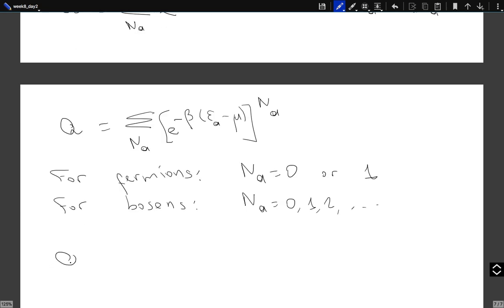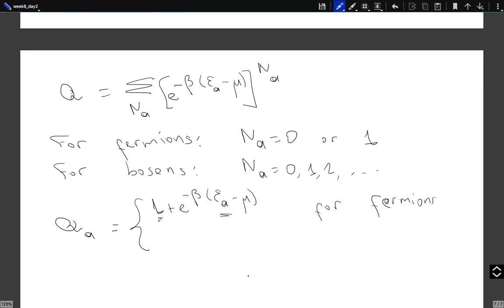So Q_A, my grand partition function, is equal to 1 plus e to the power minus beta (epsilon A minus mu) for fermions. This is the N_A equals 0 term, this is the N_A equals 1 term. For bosons, it's a geometric series, so it's just 1 over 1 minus e to the power minus beta (epsilon A minus mu).